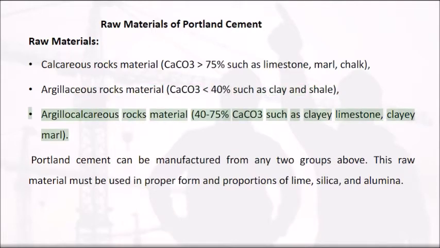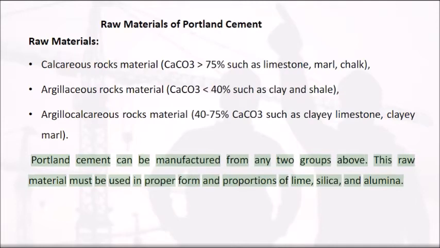Argillocalcareous rocks material, 40-75% CaCO3, such as clayey limestone, clayey marl. Portland cement can be manufactured from any two groups above. This raw material must be used in proper proportions of lime, silica, and alumina.